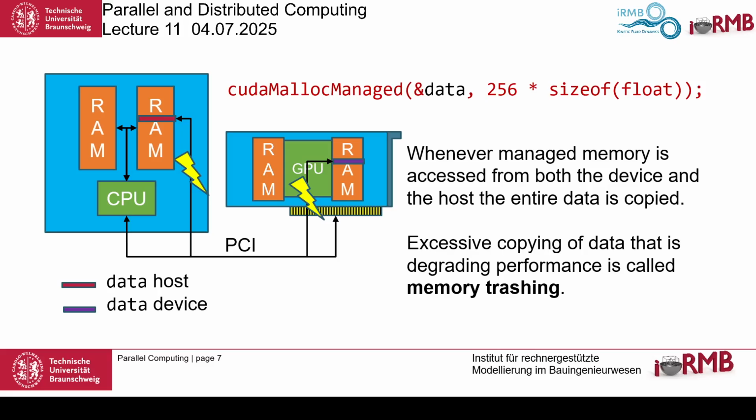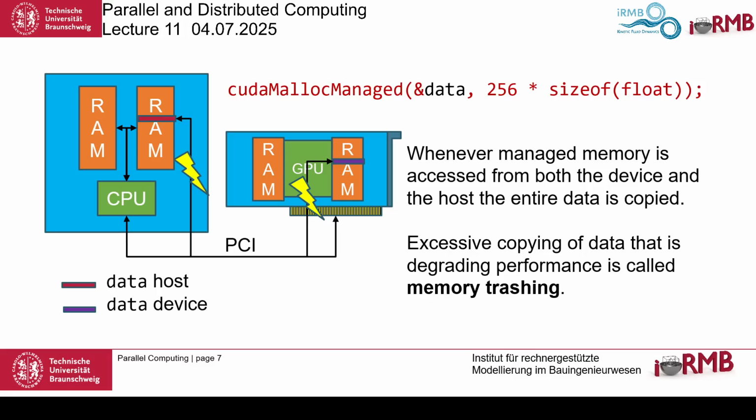So suppose you are lazy and use this managed data, so that you can call the same thing, and the two copies that physically exist are synchronized by CUDA itself.